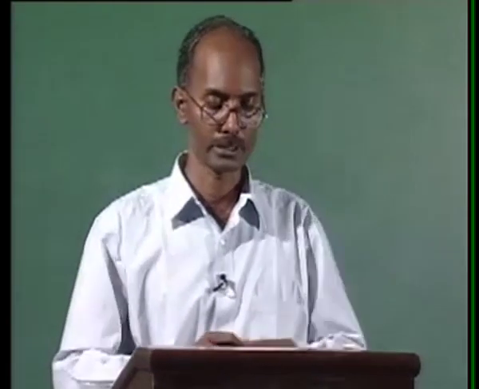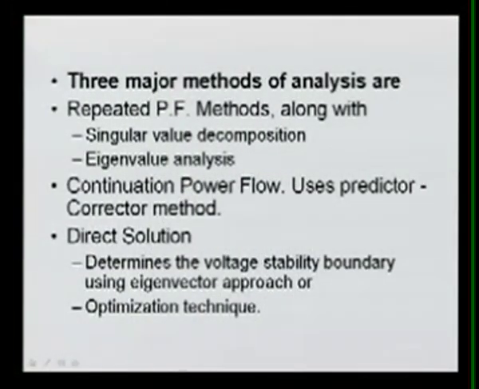The major methods for analysis of voltage instability or stability: the first one is the repeated power flow, that is, repeated load flow, along with singular value decomposition, or another method, eigenvalue analysis.